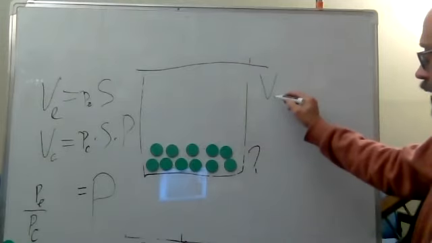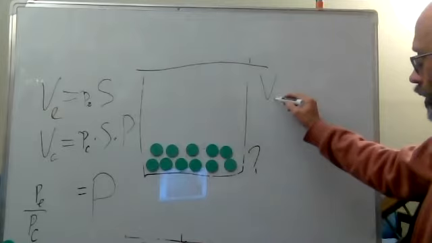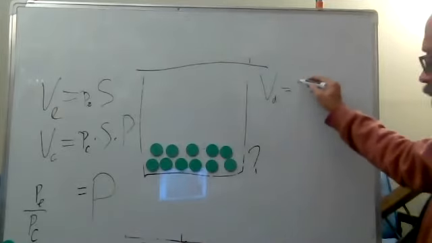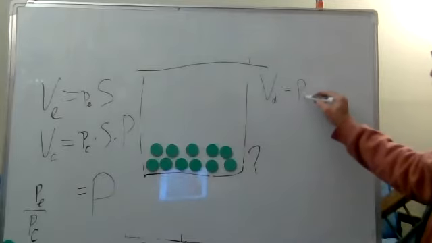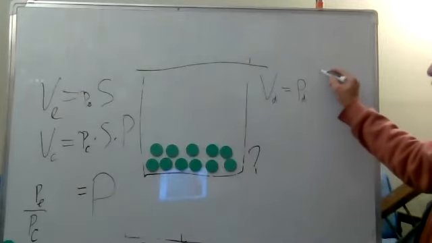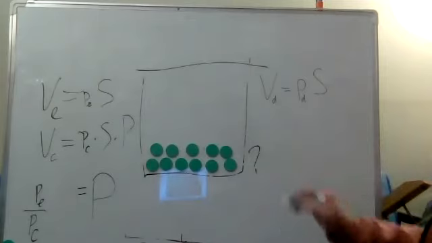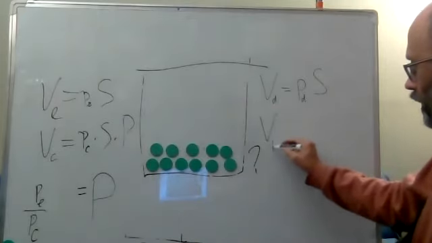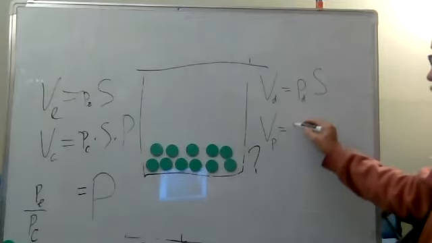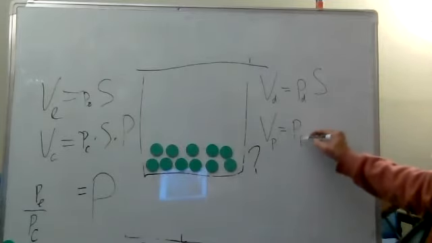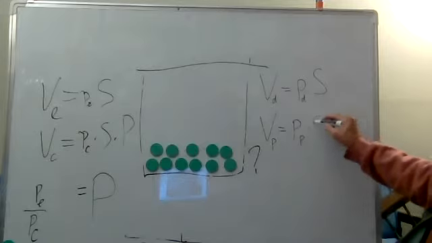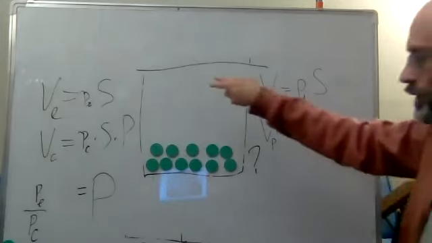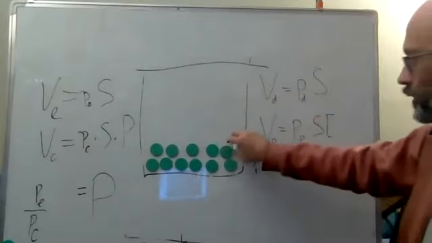The dissolution rate equals the probability of one molecule to dissolve times surface area. And the precipitation rate equals the probability of a molecule to precipitate times surface area times the concentration of this molecule here.